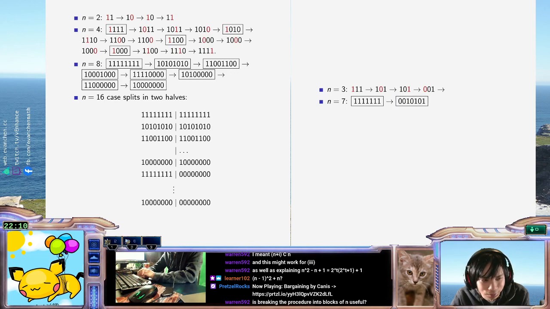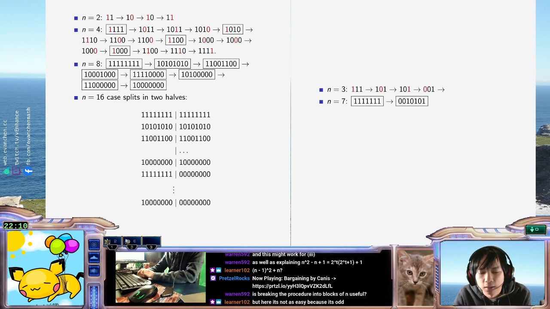Oh, this looks a lot worse. And then the partial sums are 0, 1, 1, 0, 0, 1.